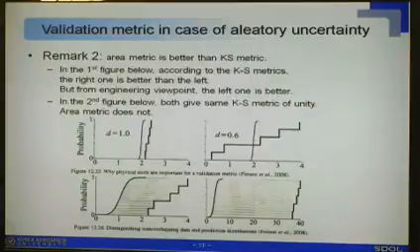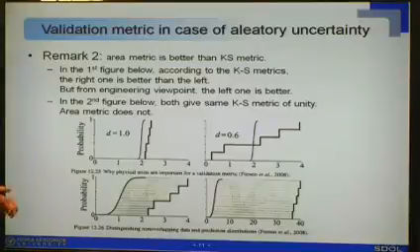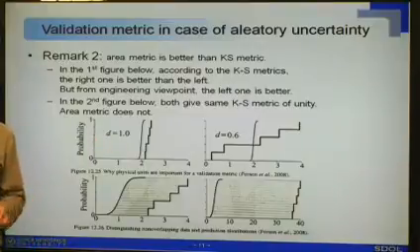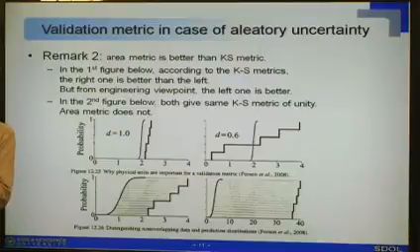Next remark. The textbook claims that the area metric is better than the traditional Kolmogorov-Smirnov metric. You can compare the cases in these two figures. Based on the KS metric, the definition is the maximum difference between the two CDFs.